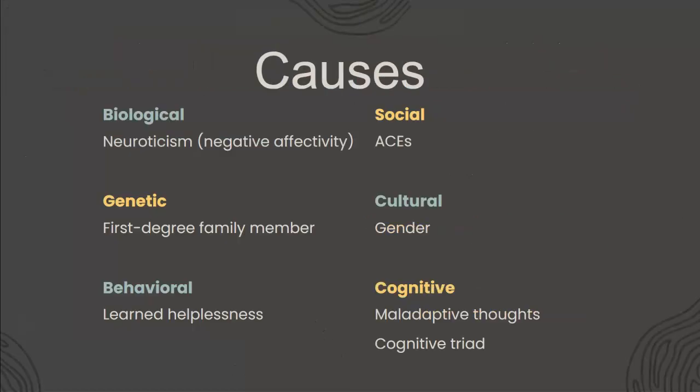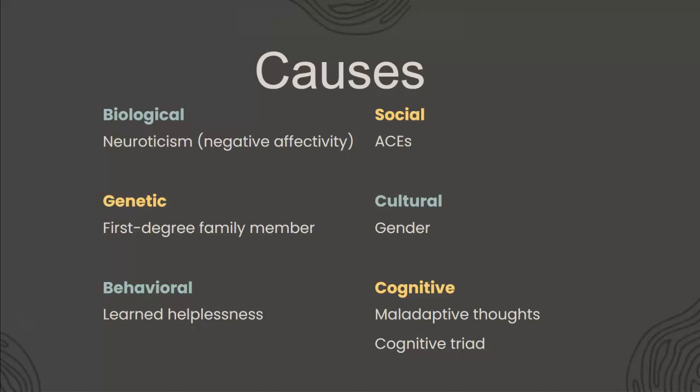So, causes of depression: definitely a biological link and a genetic link, especially if it's an immediate family member. Neuroticism, negative affectivity, that means somebody who basically has a pessimistic thought pattern. ACEs, adverse childhood experiences, definitely lead to connections with trauma and depression.